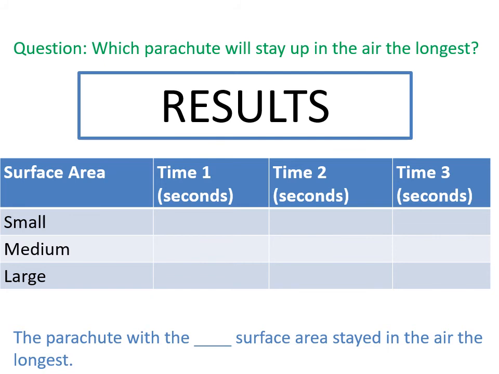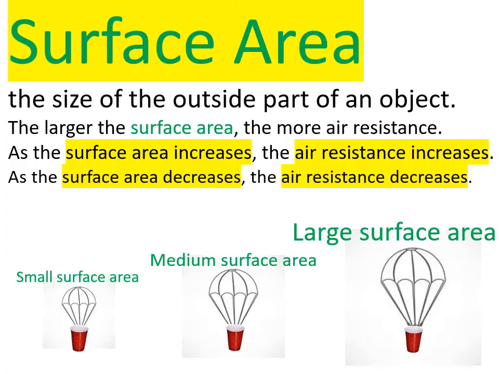And we recorded our results on this table. We used a timer as the apparatus to measure time in seconds. And we concluded that the parachute with the large surface area stayed in the air the longest because it had more surface area.